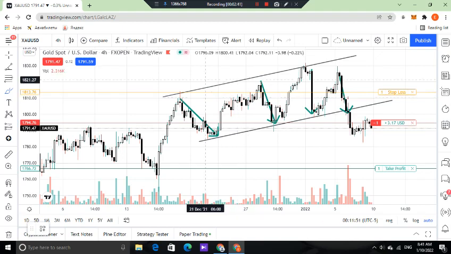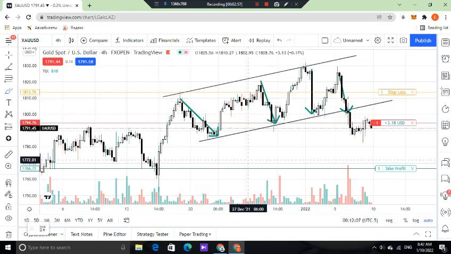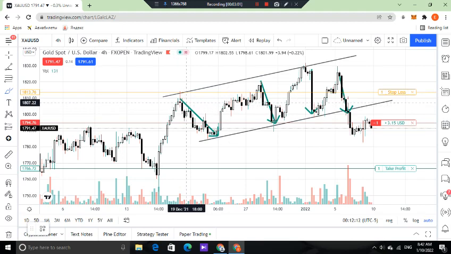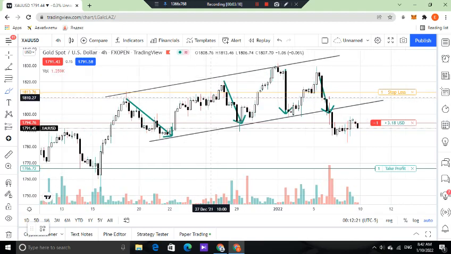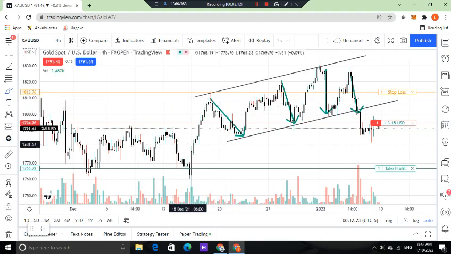Okay, that's funny. In an uptrend, when we have a pullback or correction, our pullbacks are downward, and when we have a downtrend, we have upward corrections or pullbacks.